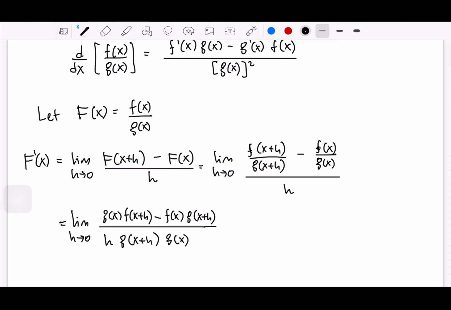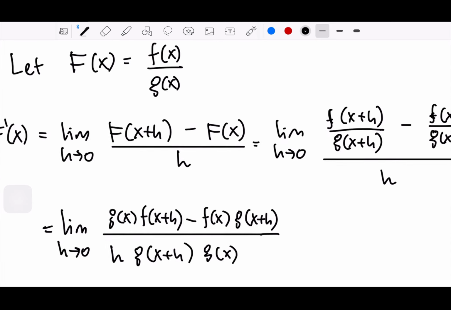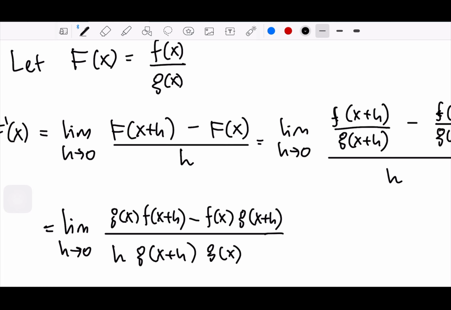Now, similar to the product rule, what we are going to do is add something here and minus something, so that we can group terms and probably make some f prime or g prime from this.